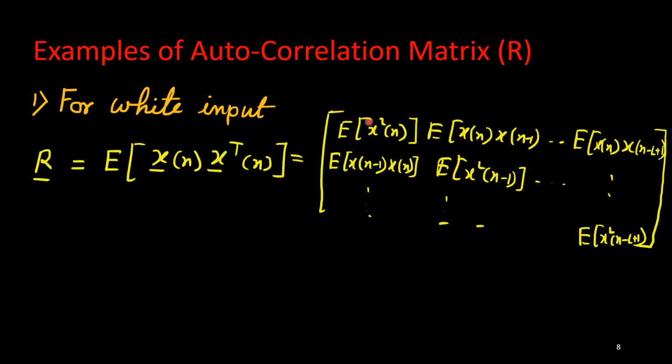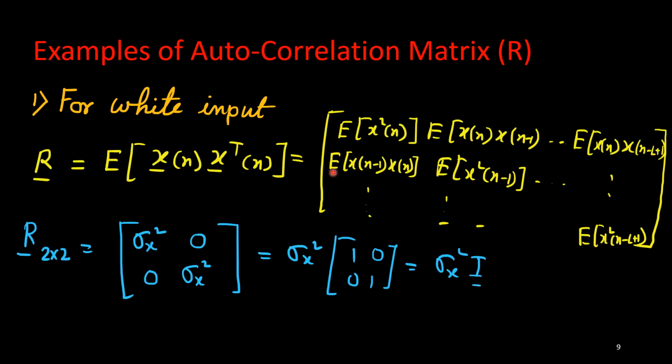Here you can easily understand that these diagonal terms are always non-zero and their values are sigma x square, because it is wide sense stationary, and all other terms are 0.